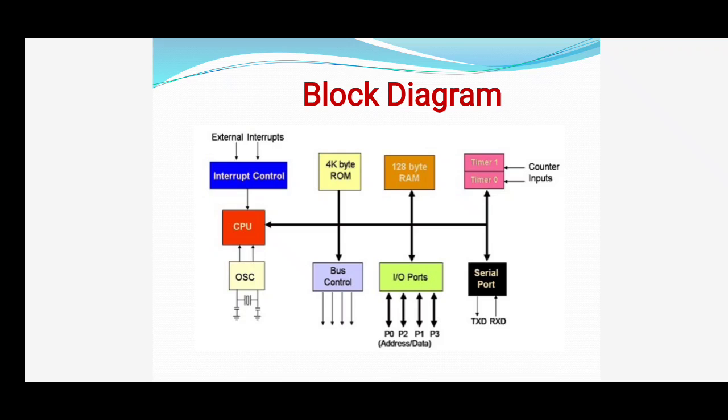First of all, it has a CPU, that is central processing unit, whose responsibility is to control all the operations. CPU needs a clock for operation. In fact, the whole microcontroller works on the clock, and 8051 has an on-chip oscillator which provides the clock for the CPU to execute all the operations.